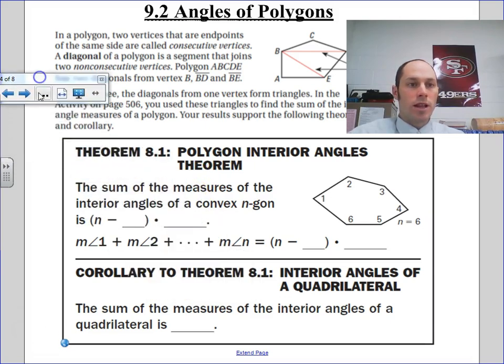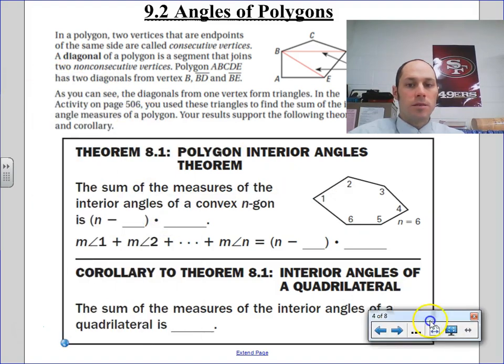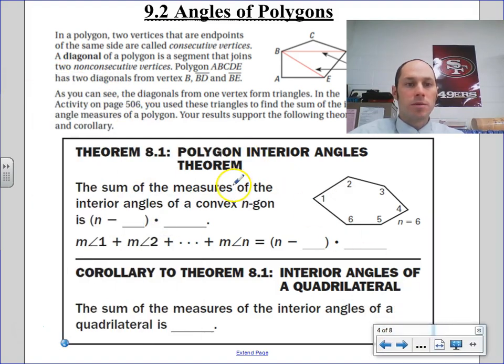So if we want to generalize this, we can say the polygon interior angles theorem. The sum of the measures of the interior angles of a convex n-gon. So a 6-sided figure, I could create 4 triangles. 5-sided figure, I created 3 triangles. So it's always 2 less than the number of sides. So n minus 2. And triangles are 180 degrees, so I multiply by 180.